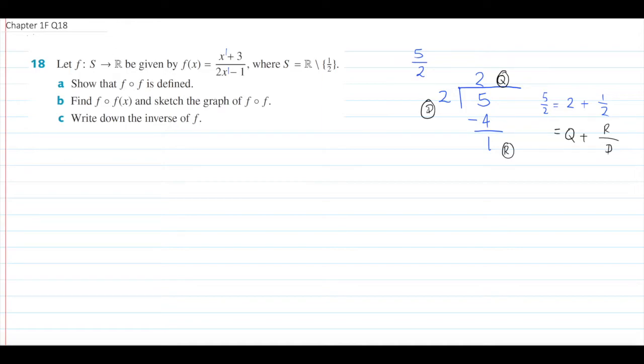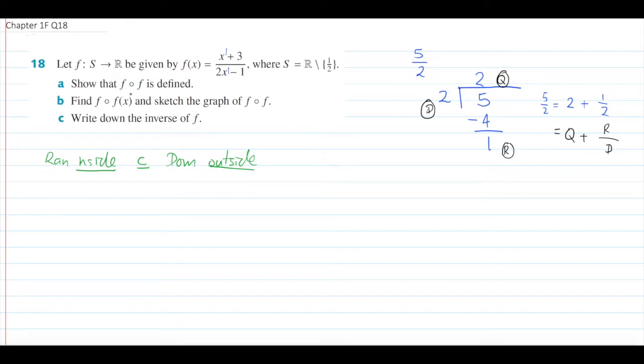The golden rule, as I've mentioned multiple times, is that the range of the inside function must be a subset of the domain of the outside function, okay? That's it. So the range of the inside must be a subset of the domain of the outside, so smaller or equal to.